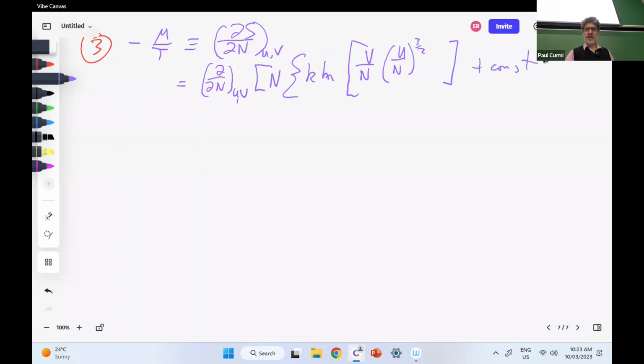I'm differentiating with respect to N. I've pulled the N out the front here. The second term is just a constant, so irrelevant when I'm differentiating.